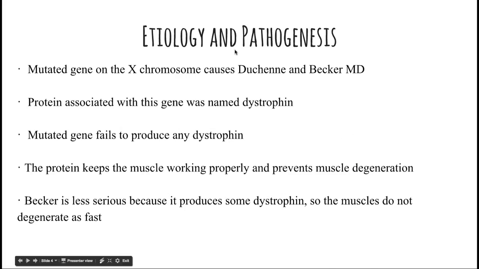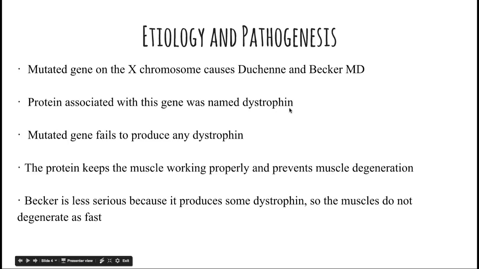The etiology and pathogenesis of muscular dystrophy, Duchenne muscular dystrophy to be specific. It is a mutated gene on the X chromosome, which causes Duchenne muscular dystrophy and also Becker muscular dystrophy. The protein associated with this gene was named dystrophin, as we have recently talked about.